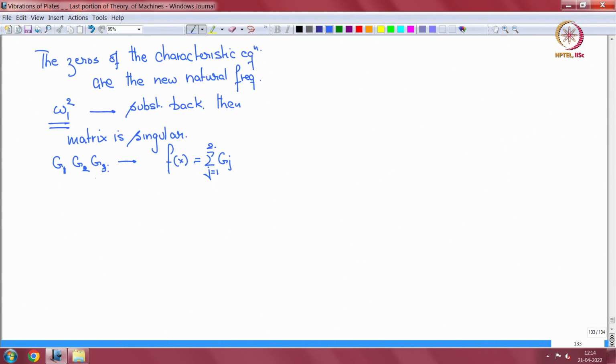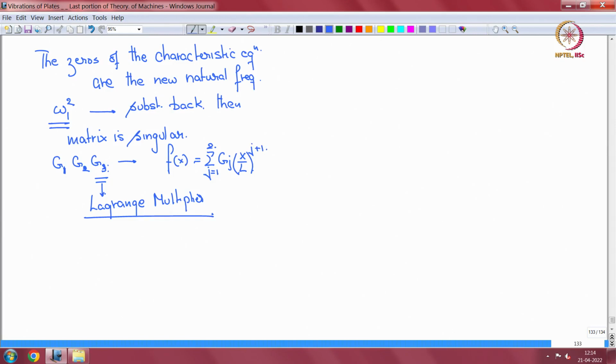G3 is just the Lagrange multiplier, the penalty, Lagrange multiplier. The displacement itself is Gj into x by L to the power j plus 1.